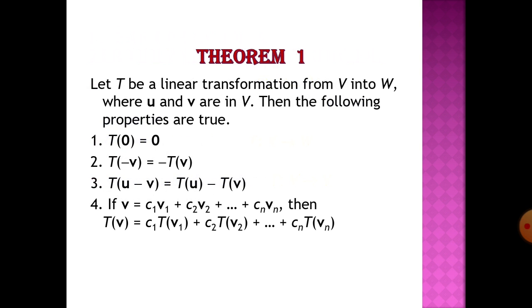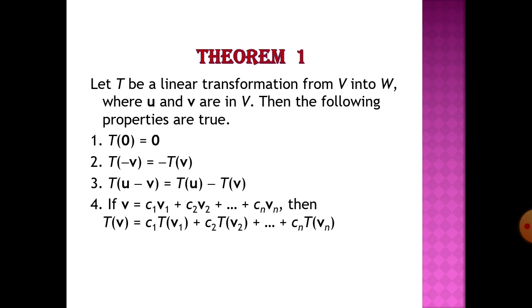Next, a theorem. Let T be a linear transformation from V into W, where u and v are in domain V. Then the following properties are true. The first property is T of 0 is equal to 0. The second property is T of minus v is equal to minus T of v.